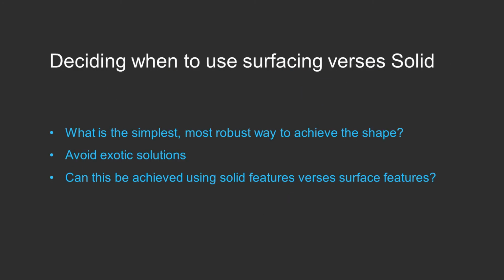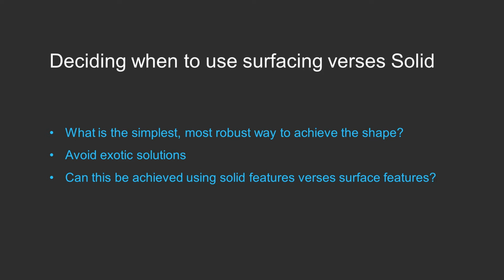Some other things that I think are just general good guidelines is that if you're not sandboxing or doing just exploratory work, but you're actually implementing a detailed design solution in SolidWorks, I would avoid doing exotic solutions. Try to find the simplest and most robust way to achieve the shape.